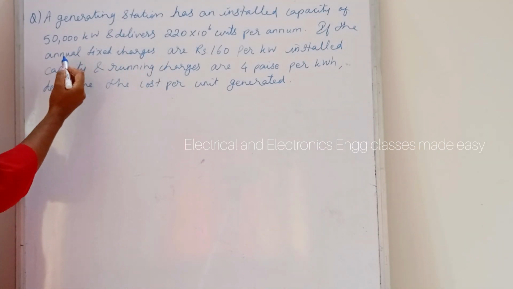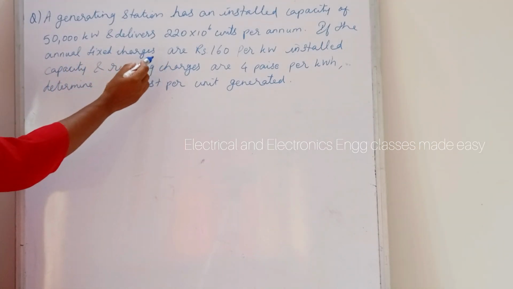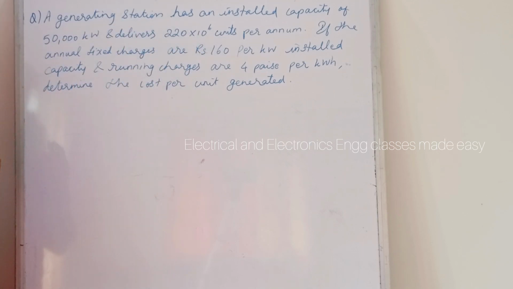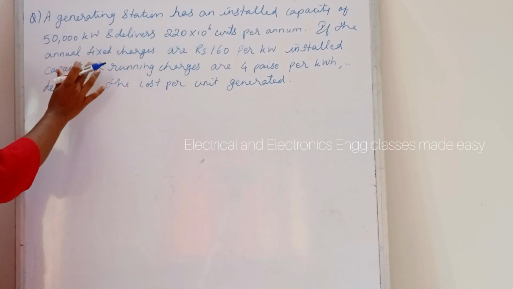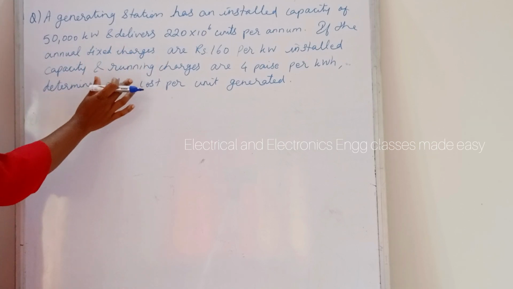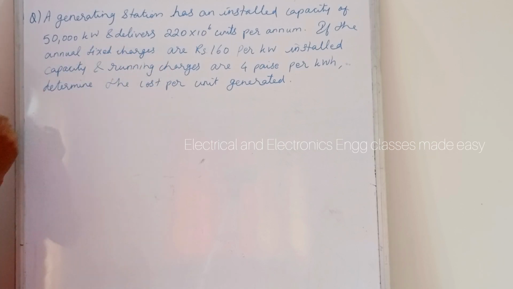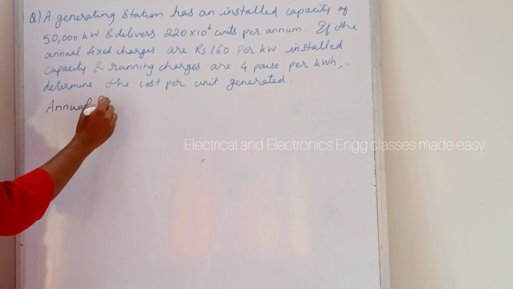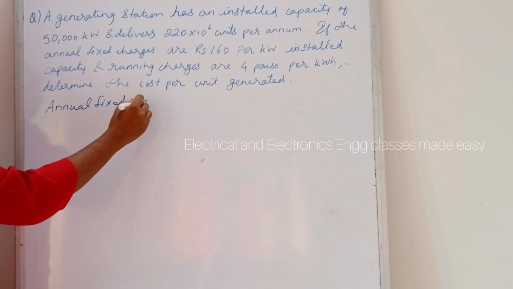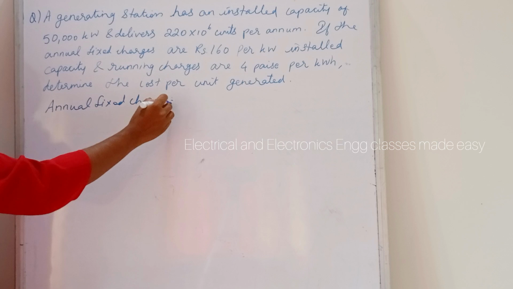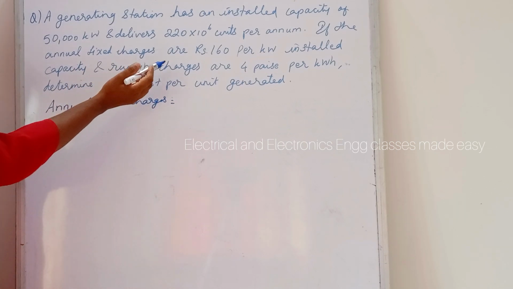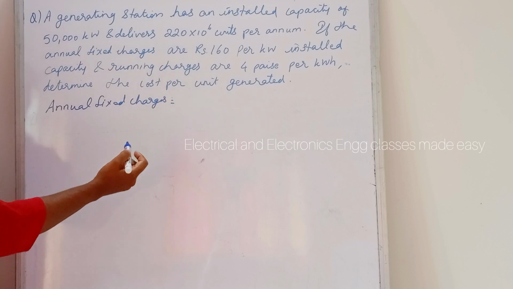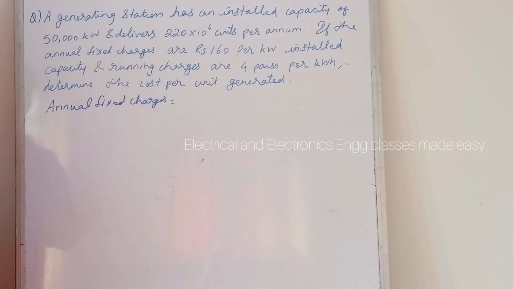Here it is given that annual fixed charges per kW are given. So, first of all, we have to find the annual fixed charges and running charges. Annual fixed charges is equal to, here it is given 160 per kilowatt installed capacity.